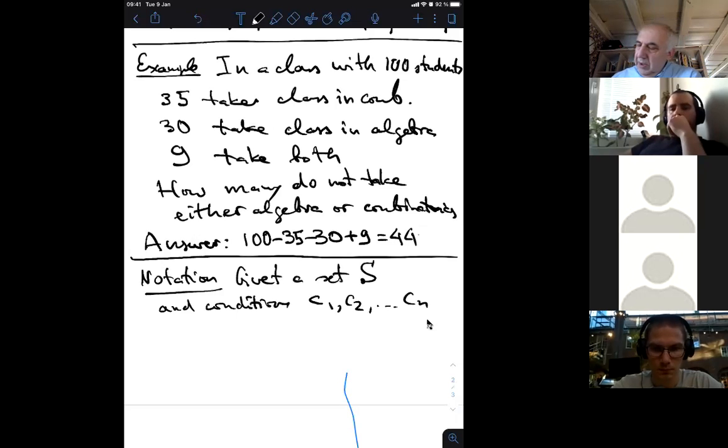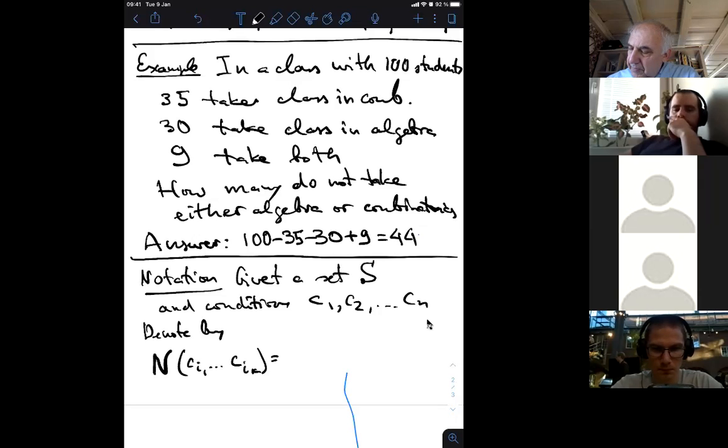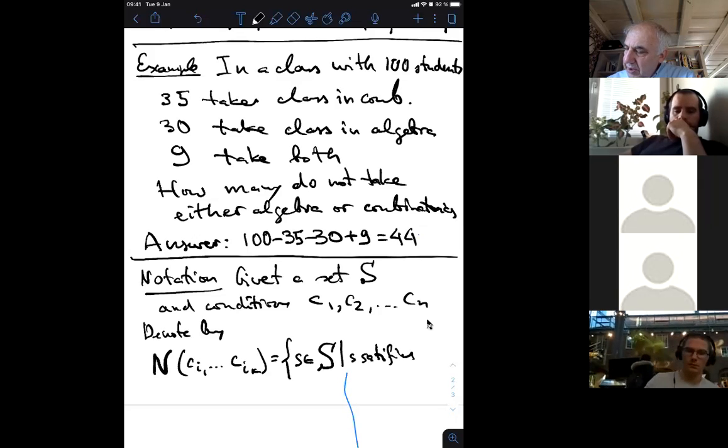Now, I will denote by capital N of C_{i1}, ..., C_{ik} all elements small s in our set S such that s satisfies conditions C_{i1}, C_{i2}, and so on, C_{ik}.